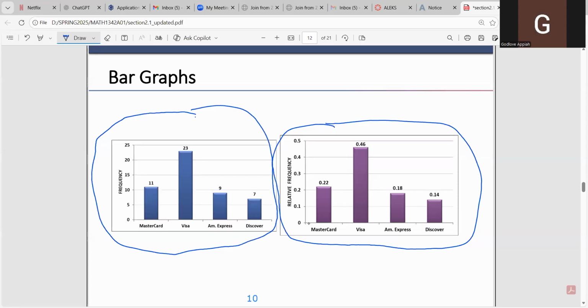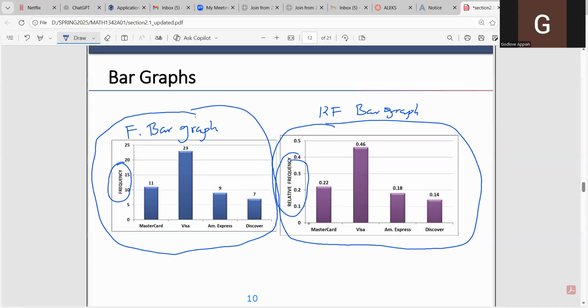The only difference that exists here is that over here, the vertical axis is the frequencies, and here, the vertical axis is the relative frequencies. So this one here would be the frequency bar graph, and this would be the relative frequency bar graph. That is the only difference that exists between these two. It's just the vertical axis.